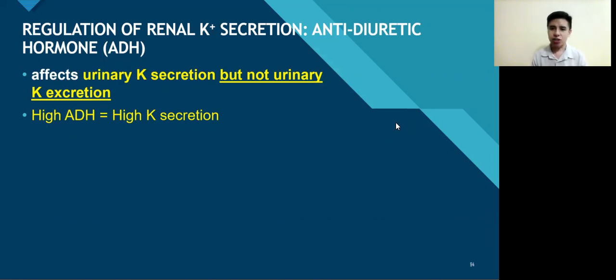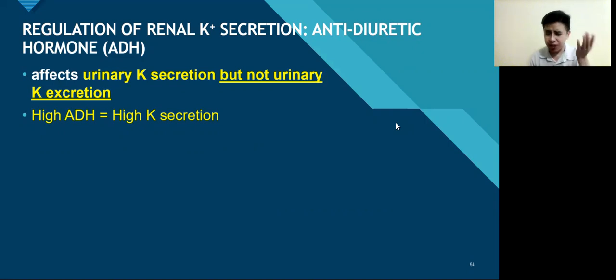How about ADH? You can see here, ADH enhances potassium secretion, but not overall excretion. In short, ADH will enhance secretion, but there is a factor that will increase reabsorption of potassium. That's why overall there will be negligible excretion of your potassium.